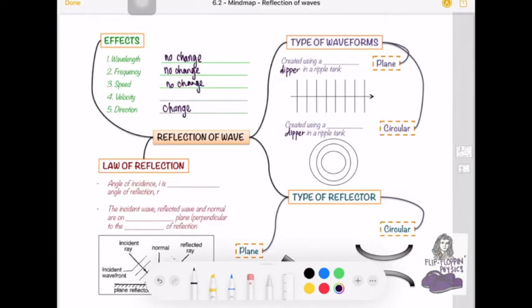But velocity is a vector quantity, whereby you consider the direction. So velocity will change because the direction changed, not because the speed changed, because the speed doesn't change.